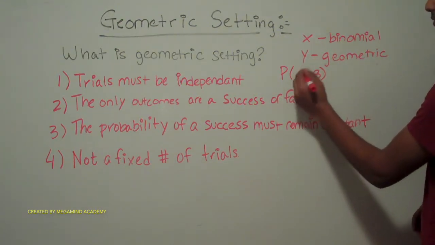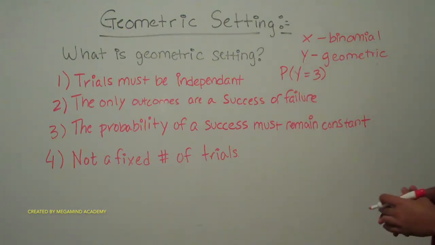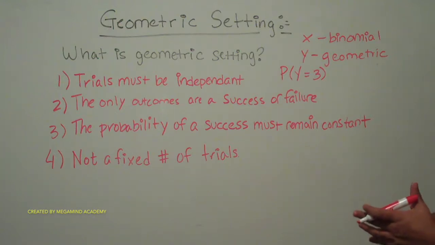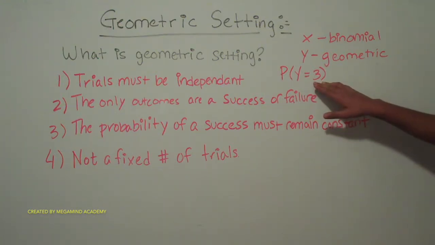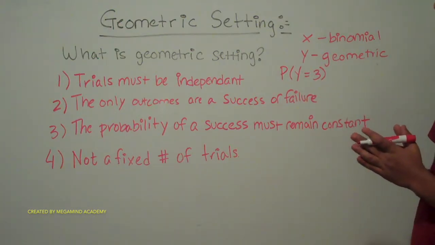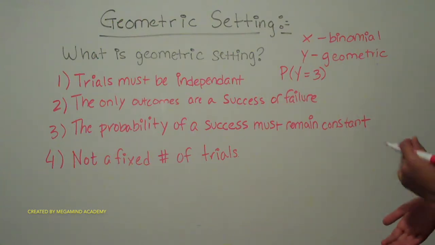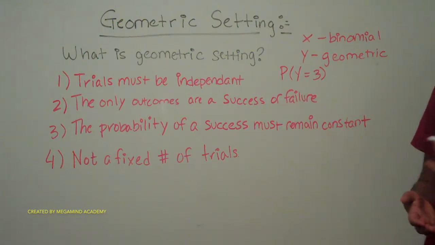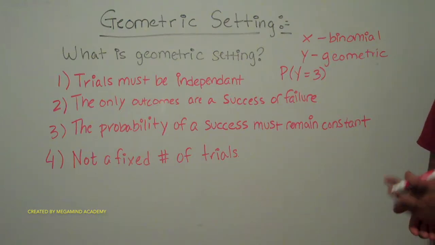But let's say you say P of Y equals 3, then you're asking what is the probability that your first success occurs on the third trial? So as you can see, because you're trying to find what trial number the first success happens on, there's not a fixed number of trials because you stop after you get your success, if we're doing it manually.